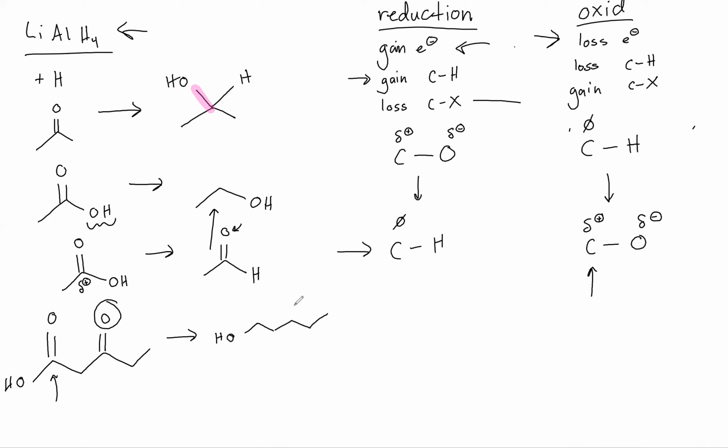And then this ketone group will also become an OH group, et cetera, et cetera. We can see how reacting with just lithium aluminum hydride will reduce all of these to their most reduced forms, making sure that we don't break any sigma bonds. All right. Does that make sense to everybody?